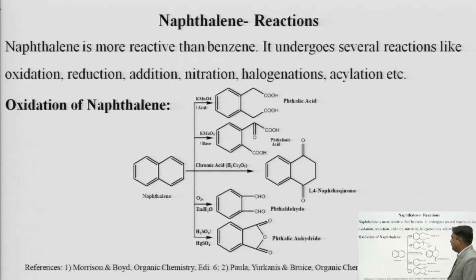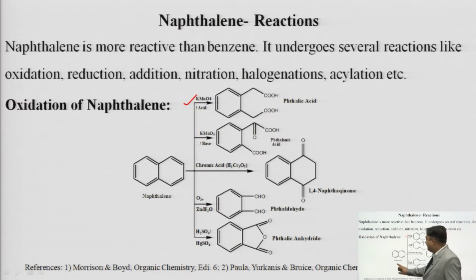Here you can see different oxidizing agents react with naphthalene to produce different end products. We start with the reaction with KMnO4, which, as you are all aware, is a very good oxidizing agent.